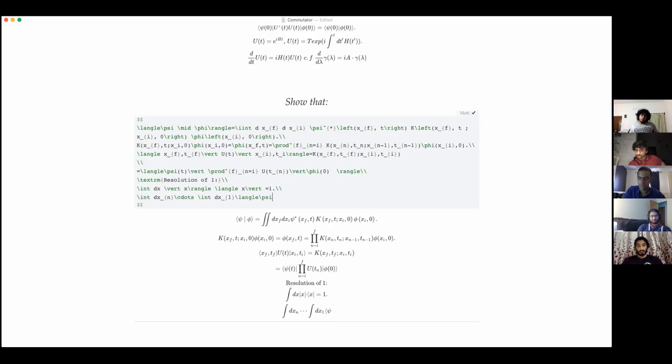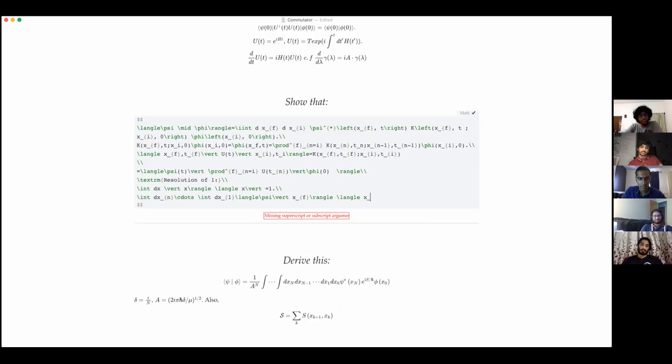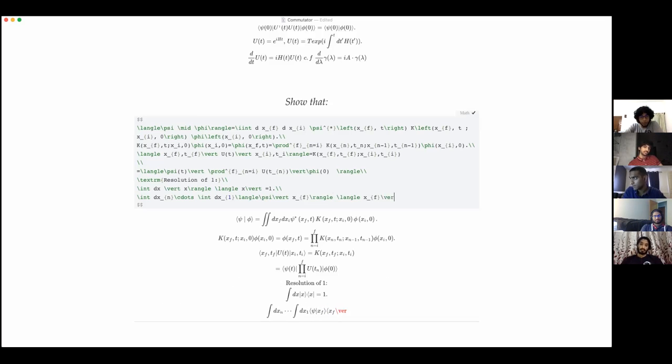Let's just call this psi because we kept calling it psi before. So let's say this is x_f, x_(n-1). Sorry, there's just a lot of these letters, but I hope you can follow what's going on here.